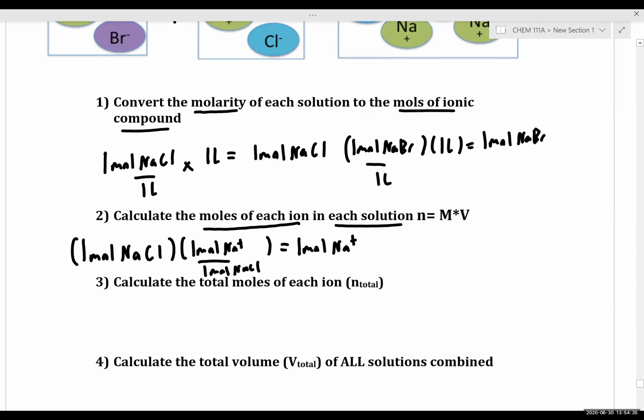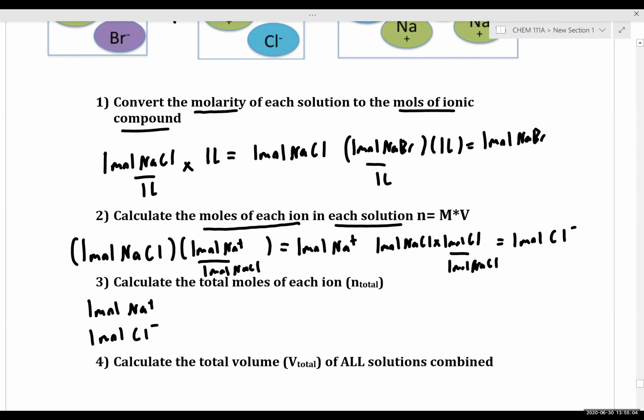Continuing this calculation, we also know that in 1 mole of sodium chloride, we have 1 mole of chloride for every 1 mole of sodium chloride. That in turn gives us 1 mole of chloride. So listing out our moles of each ion, we have 1 mole of sodium plus and 1 mole of chloride.